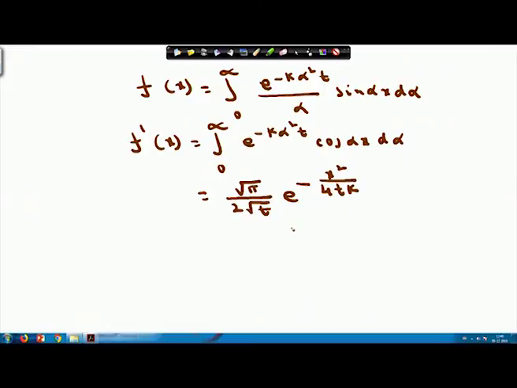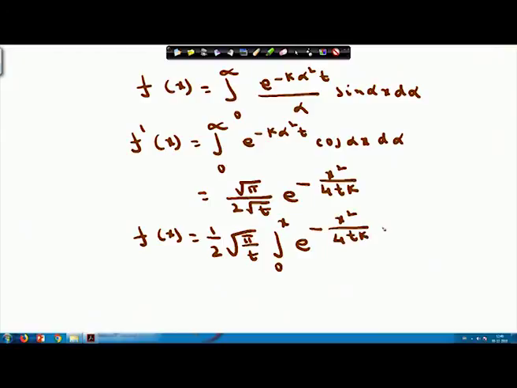So, effectively what is happening over here, your f x is becoming then 0 to x, half into root over pi by t, e power minus x square by 4 t k into dx.